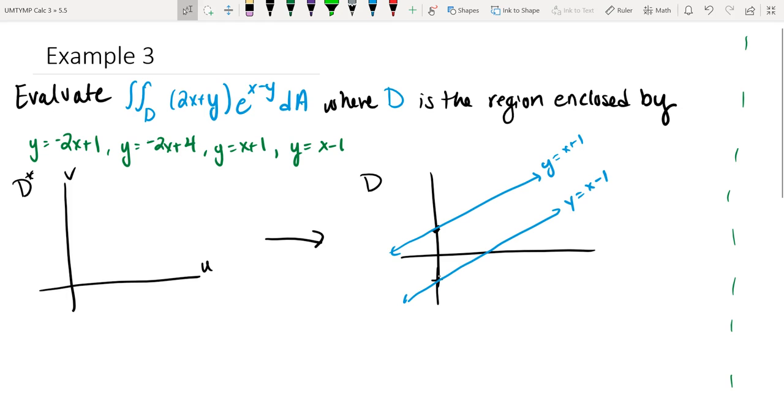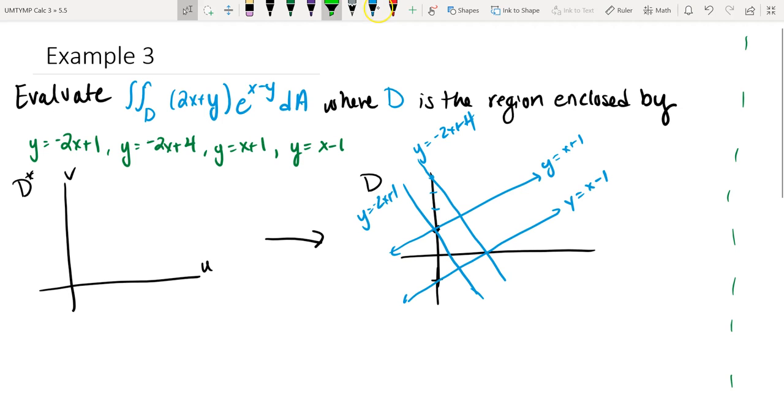Then we have negative 2x plus 1, and then plus 4, so it's going to be up here and go something like this. I'll just write this down: y is equal to minus 2x plus 4, and this is y is equal to minus 2x plus 1.